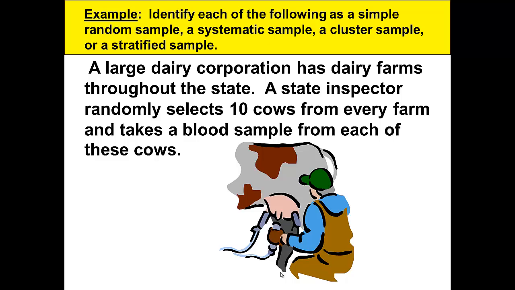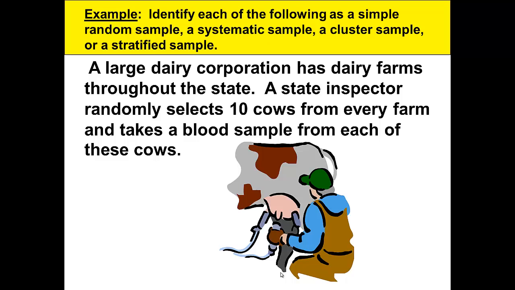The cows are grouped into farms, and because we're into groups, it must either be a cluster or a stratified. In a cluster sample, we would sample every cow on a farm. Think the cereal or the grapes. Since this isn't what's happening, it must be stratified.